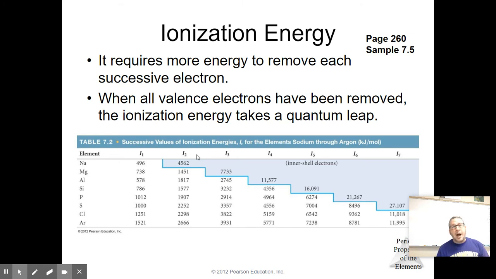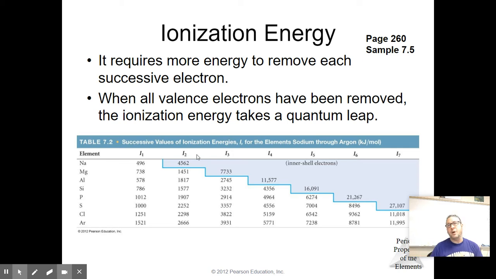The reason it goes up so incredibly high in terms of the required energy is because after you have removed all of the valence electrons, you are now dabbling in what we called the other day the core electrons. Now, the core electrons, I tell you what, they do not like to be messed with. They like their position.